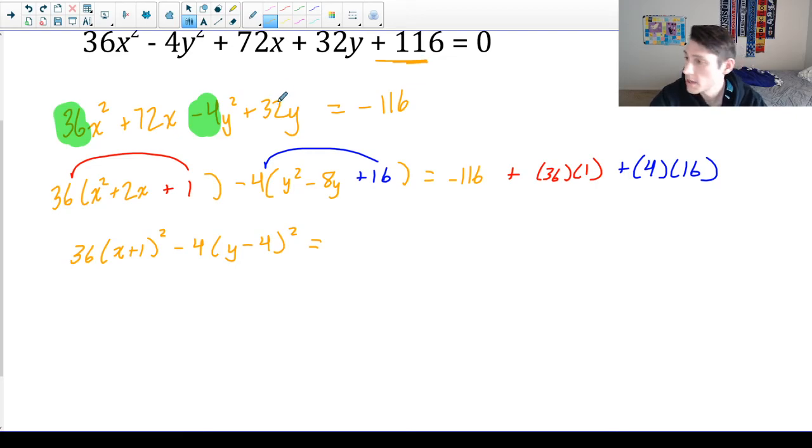Oh, wait. I messed up. Right, it's negative 4. And I almost forgot that. So negative 4 times 16 on the right. Right, very important. So all that on the right side equals negative 144.